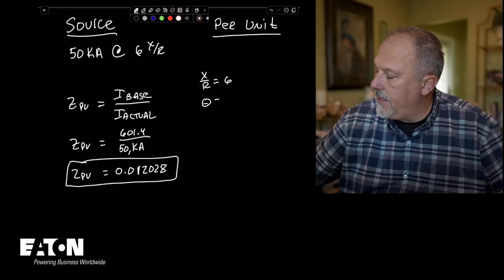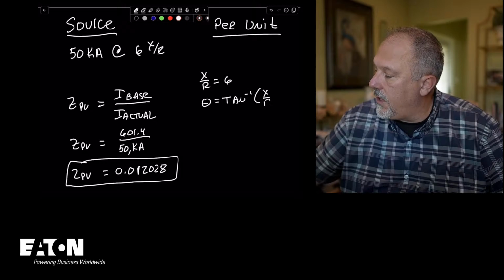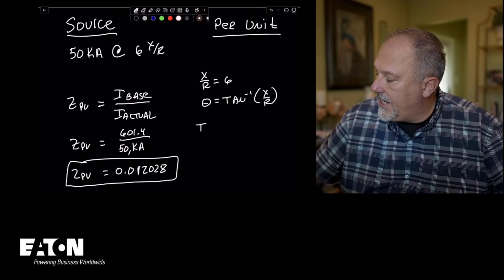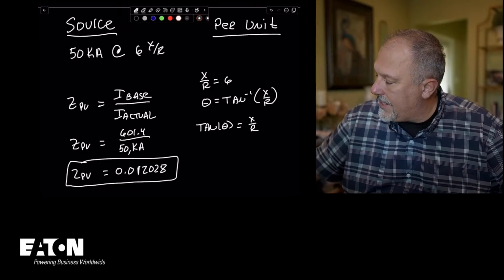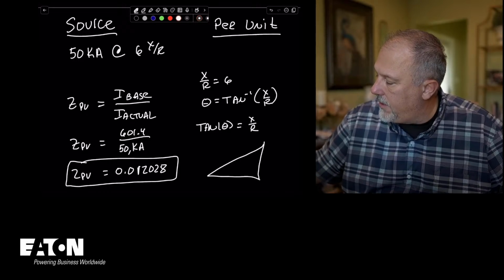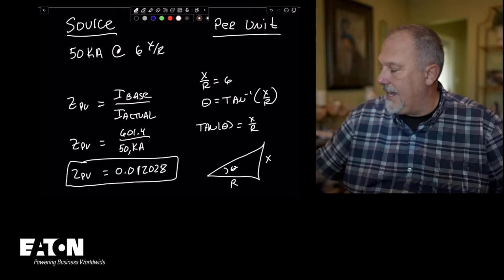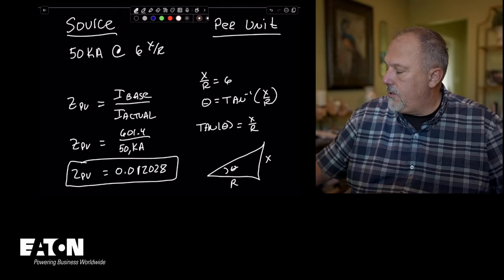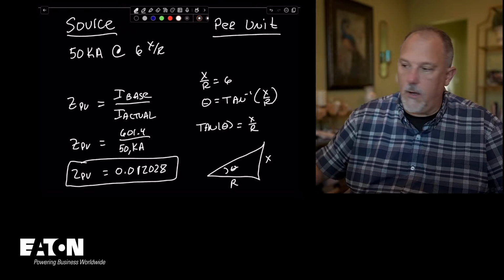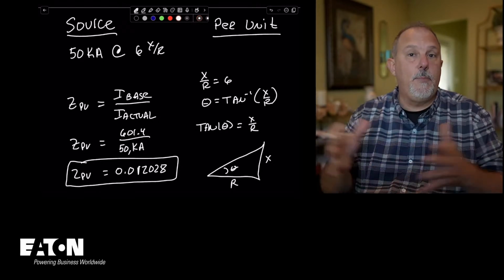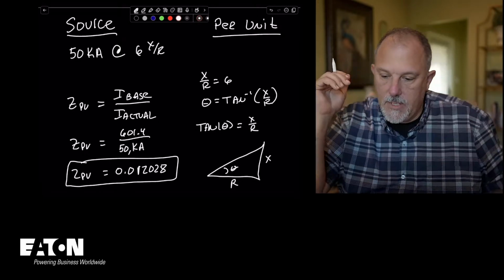So theta is equal to inverse tangent of X over R, because tangent of theta is equal to X over R. Make sense? It's a triangle. This is X, this is R. That is theta. So tangent of theta is equal to X over R.